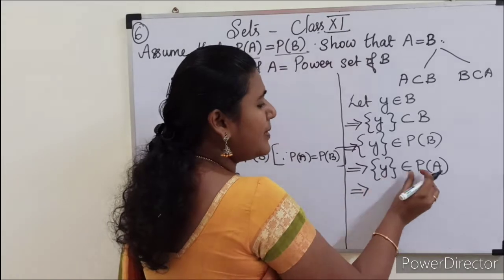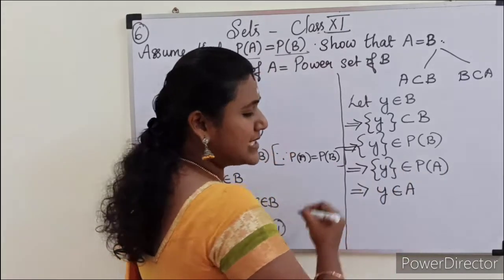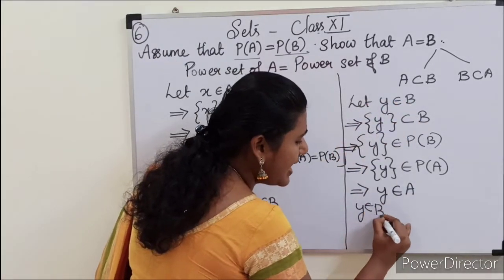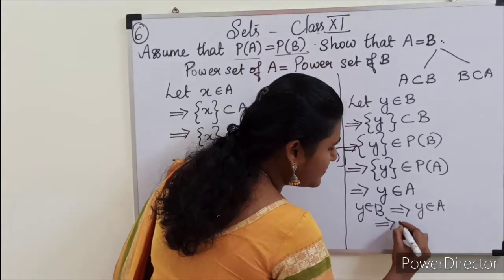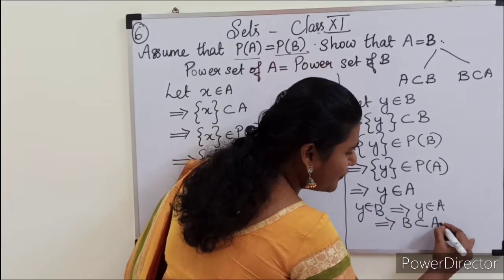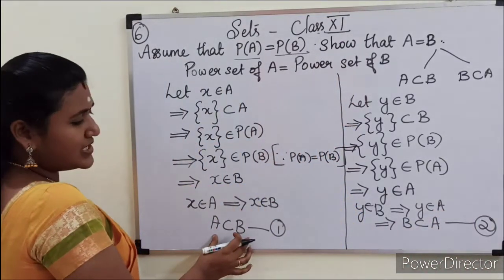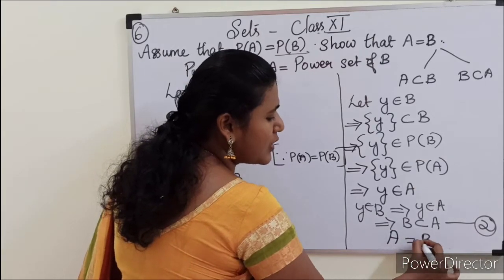If the set {Y} belongs to P of A, then Y belongs to the set A. So we started with Y belongs to B and we got Y belongs to A, which implies B is a subset of A. So this is the second equation. So from the first equation and the second equation, we can write A is equal to B.